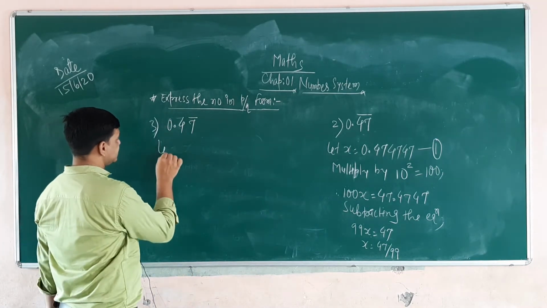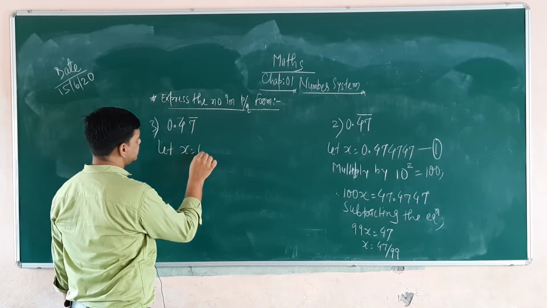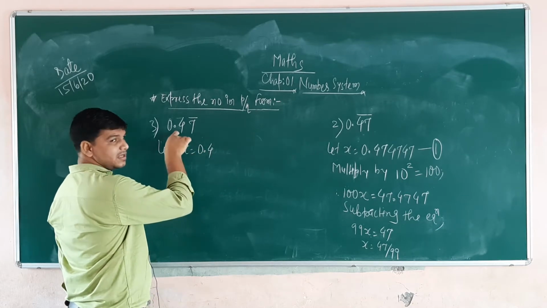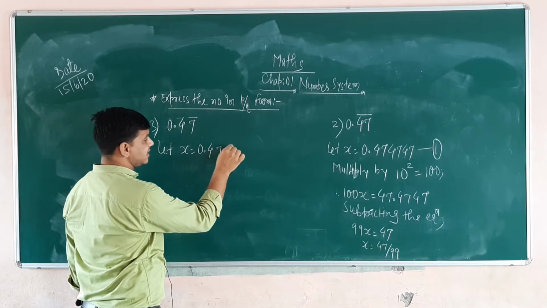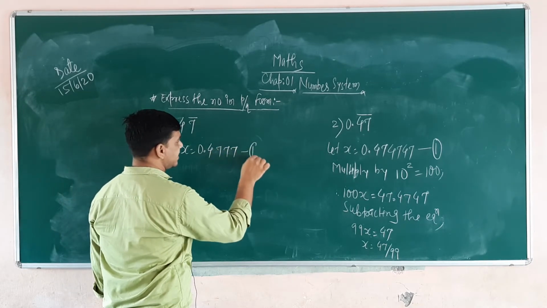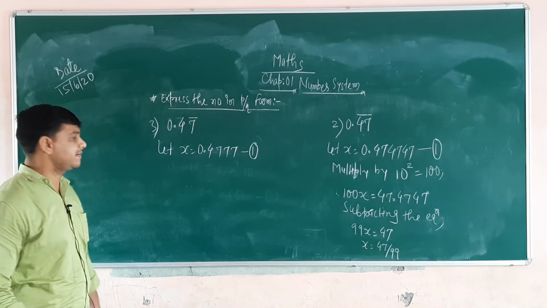Same as it is. Let x equal to 0.4. Okay, but the bar is on what? On the digit 7. So that should be repeated. So equation number 1. Okay.